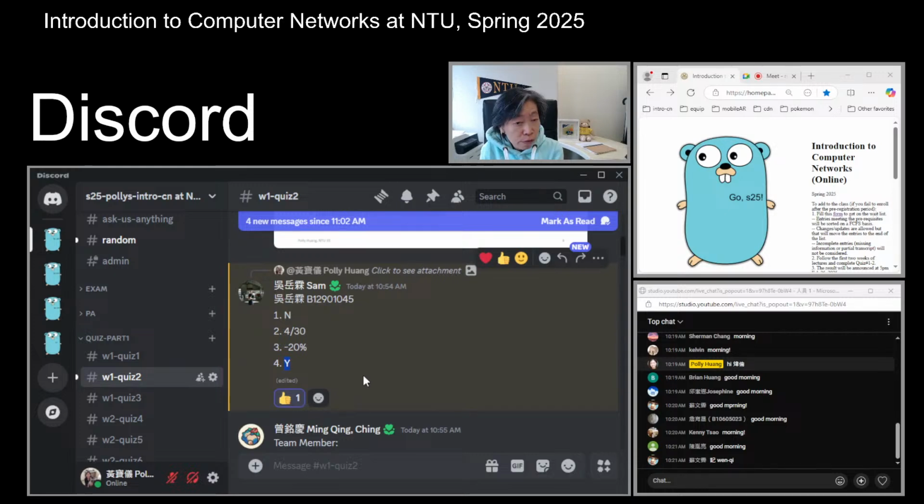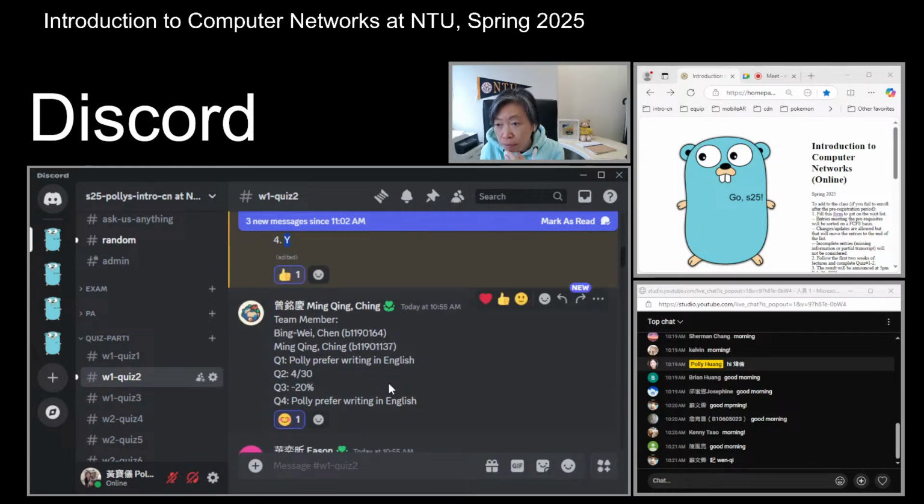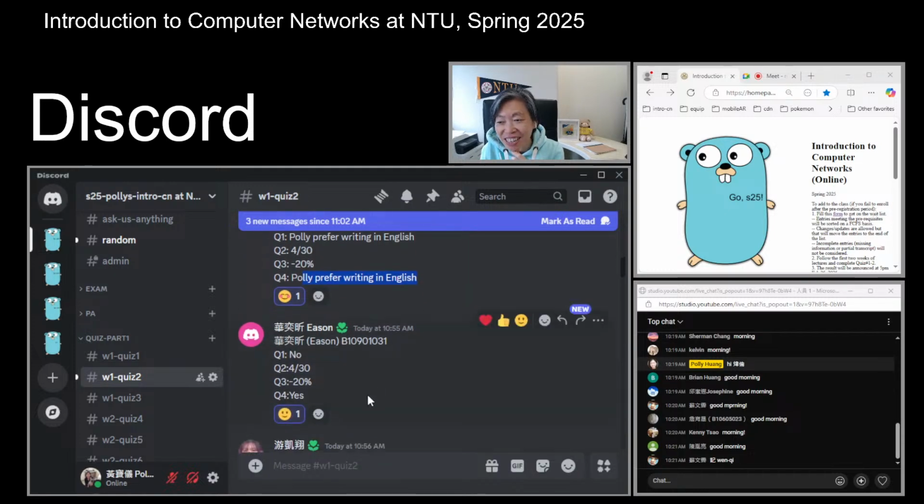But if you try to write in English, that would be great, much like what team number 2 says, Polly prefers writing English. In a way, this is to enforce an experience for domestic students, so that you feel like you are an exchange student without being physically abroad.